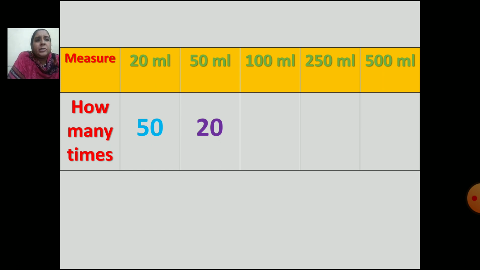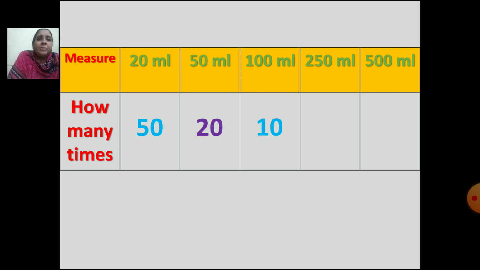Now next is 100 ml. How many times will you take 100 ml to make 1000 ml? It's very simple. 1000 divided by 100, what will you get? Yes, 10 times. Okay. Now next one is 250 ml.